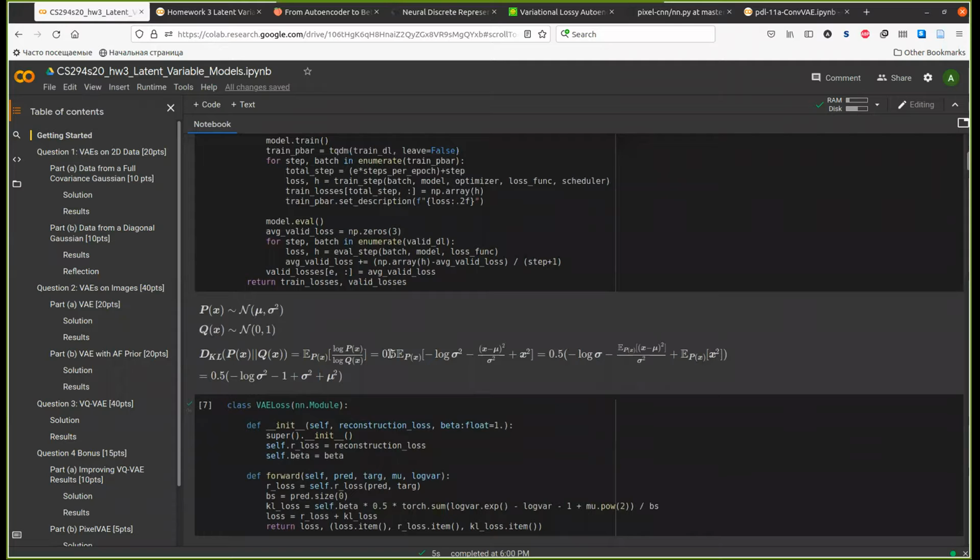So eventually we will end up with 0.5 times the expectation under P of x of negative log variance. The variance here is the variance of the posterior in our case.